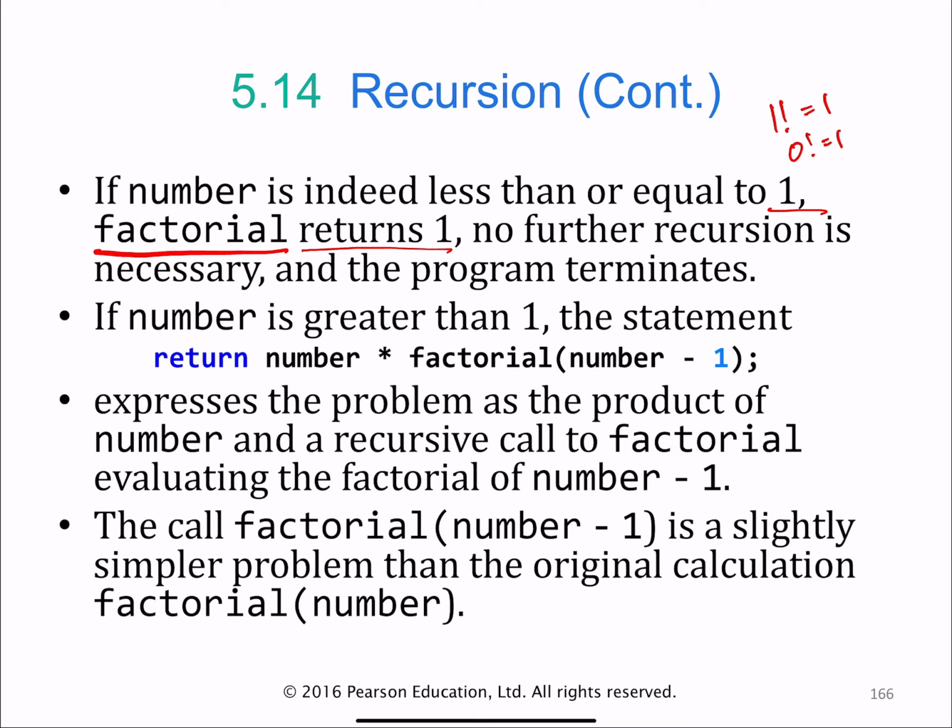Just have to remember that. But for any arguments greater than 1, the function is going to return this. And you can see that in the expression being evaluated over here, the second term is a call to the factorial function. This is the recursive step.